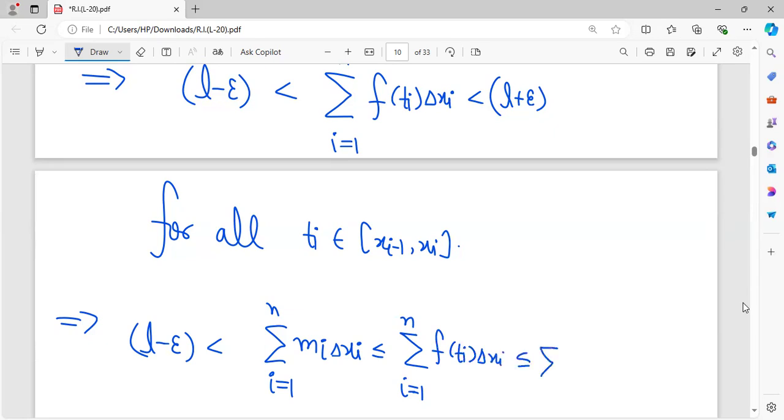If I put capital Mi, this will increase and this will be less than epsilon.